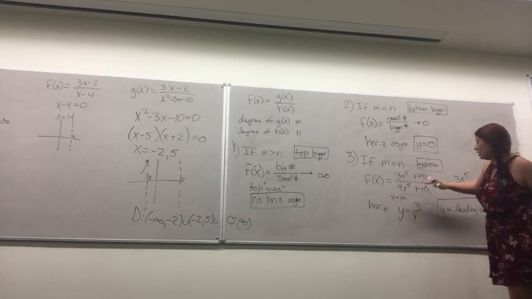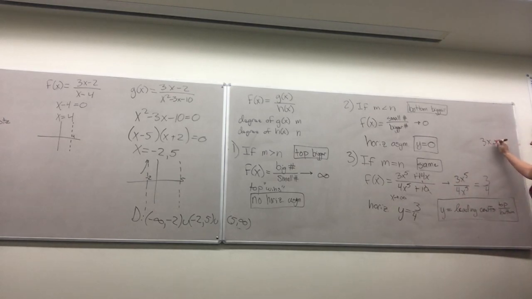It could have been just 3x plus 4 over 4x plus 10, and it still would just be 3 over 4. It could be 3x to the 100th over 4x to the 100th with the 4 and the 10. It doesn't matter as long as they're the same degree. Does that answer your question? Okay. Any other questions?